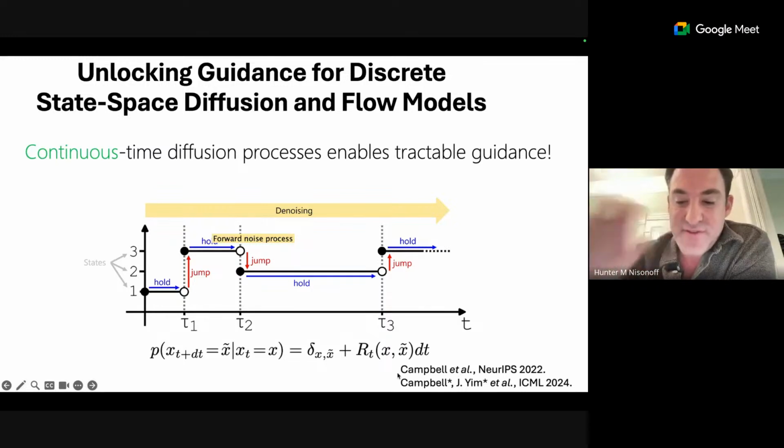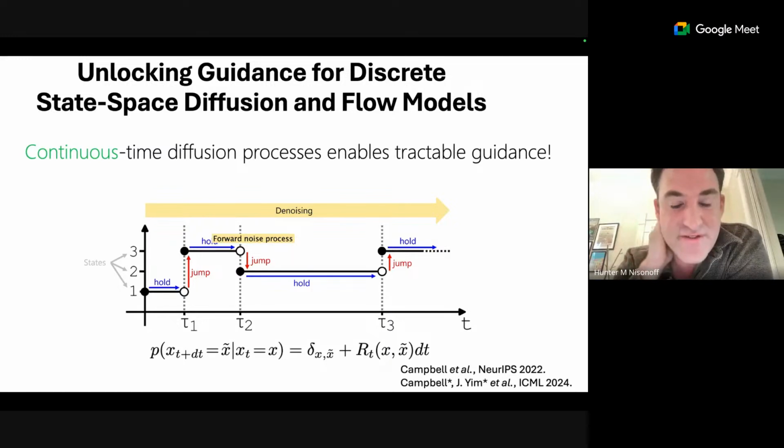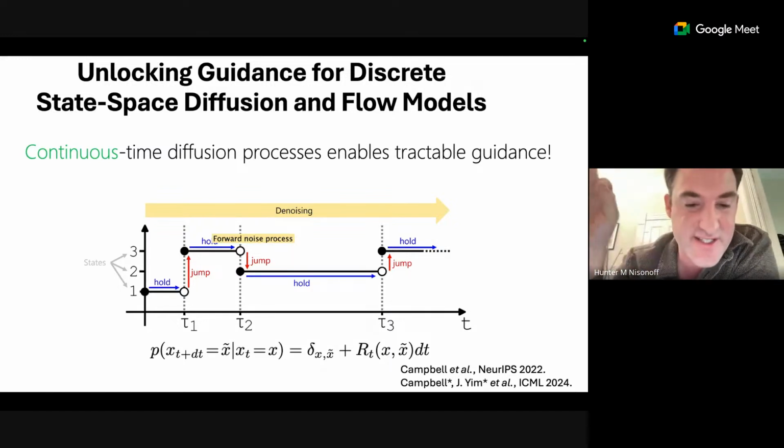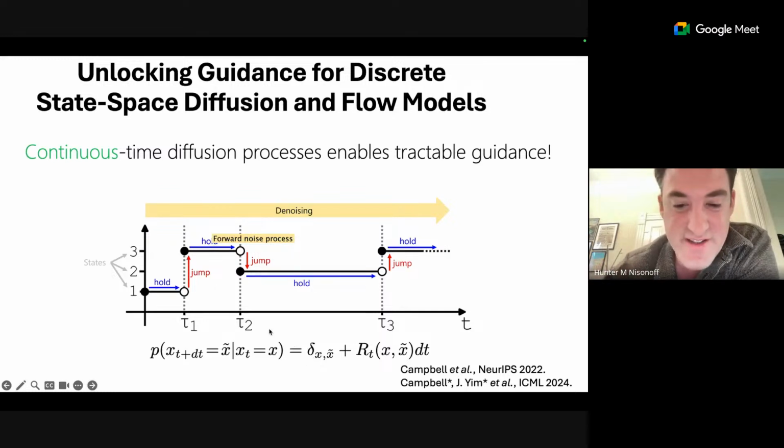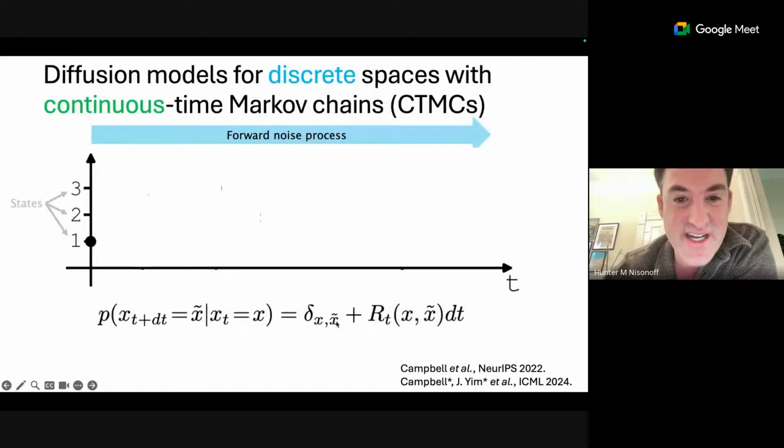This set of papers from Campbell et al. introduced continuous time formulations of diffusion and another class of models called flow models on discrete spaces. And the idea is we can define our mutational noising process instead of through discrete time steps. We can continuously define that noising process through an object called a continuous time Markov chain, which might be familiar to those of you with a chemistry background.